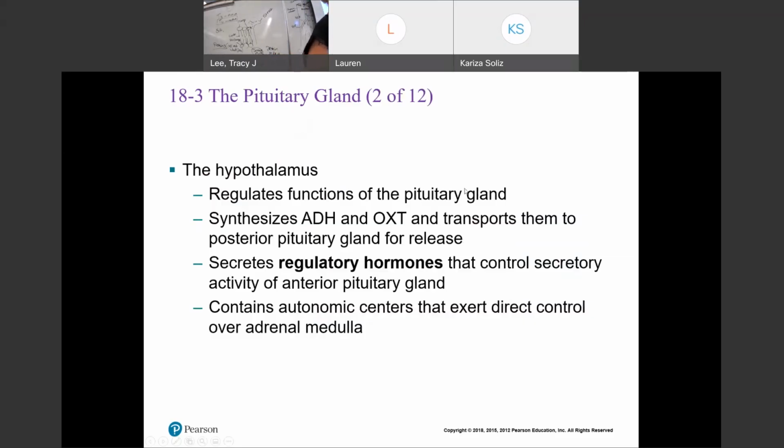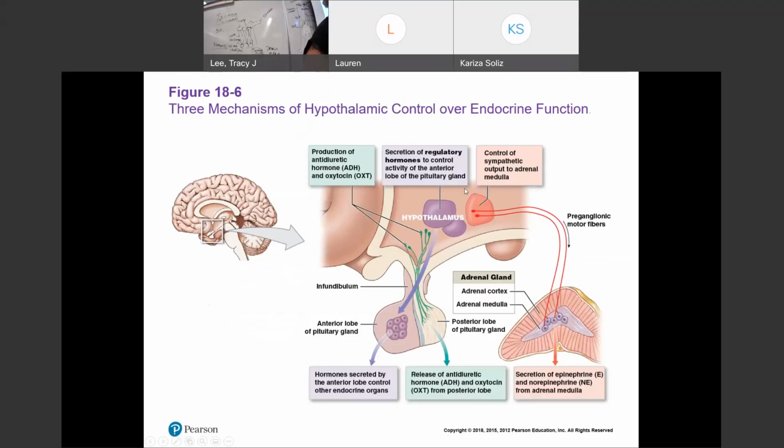So it does those regulatory ones. So here's an example. The hypothalamus can send signals to the anterior for hormones that need to be secreted by the anterior, or it can do oxytocin and ADH into the posterior.